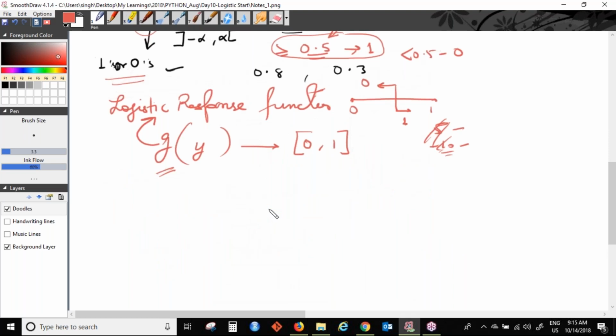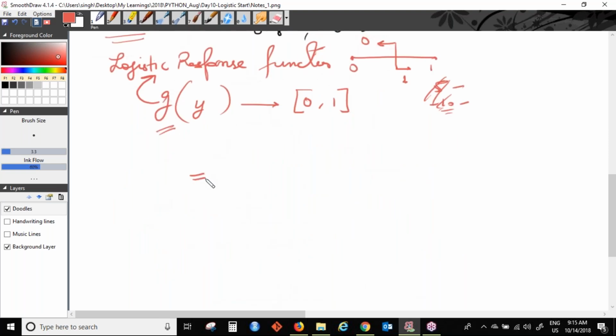Now let us see what that function is. So this is that function. I'll directly write the shape of the function.